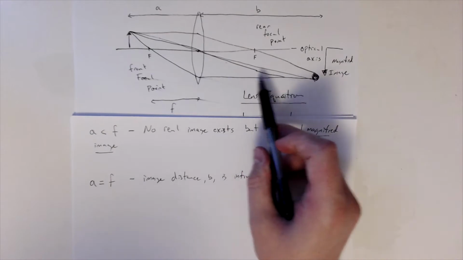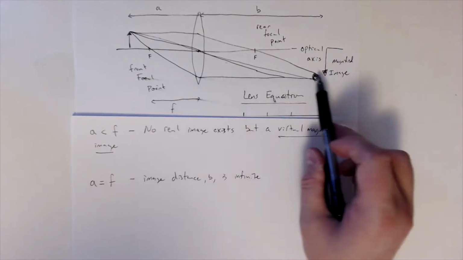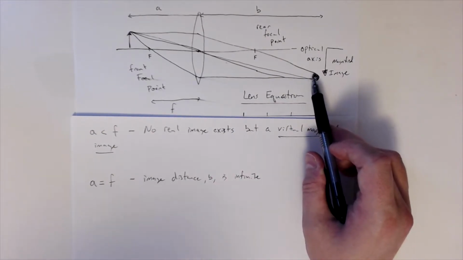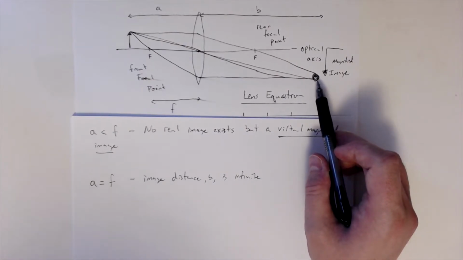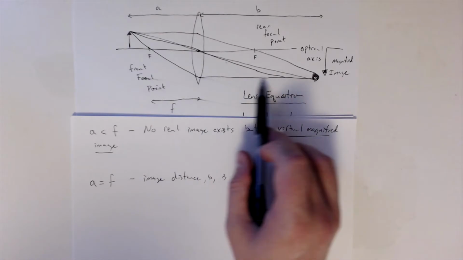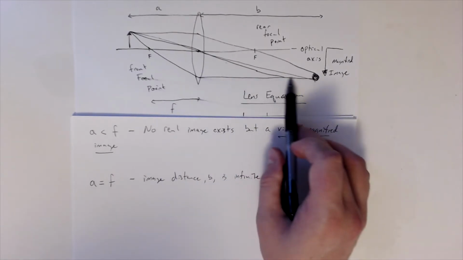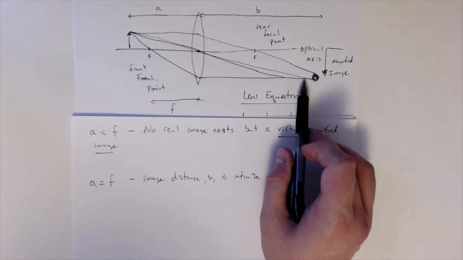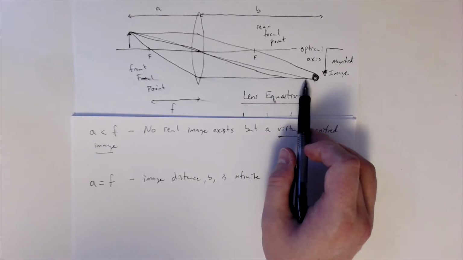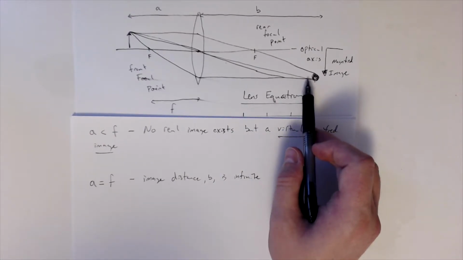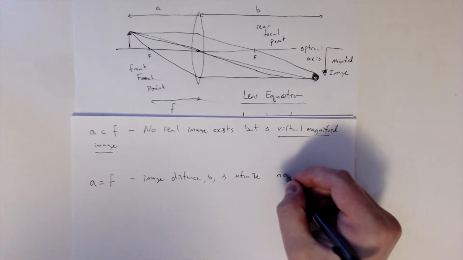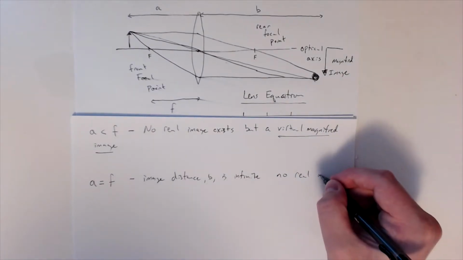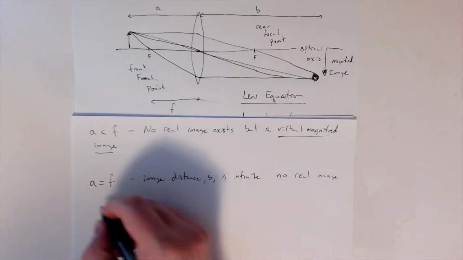So essentially, this length B is infinite. So basically, the thing never converges. So these lines end up being parallel on the rear side of the lens, and so they never converge, and so we never have a real image because that's what we have in convergence. So no real image exists.